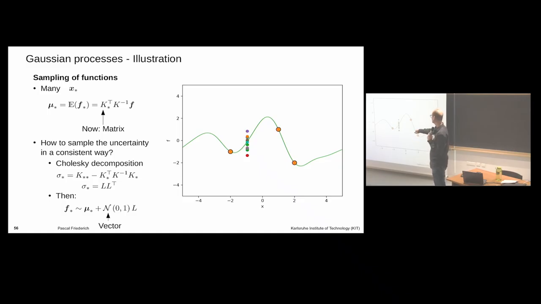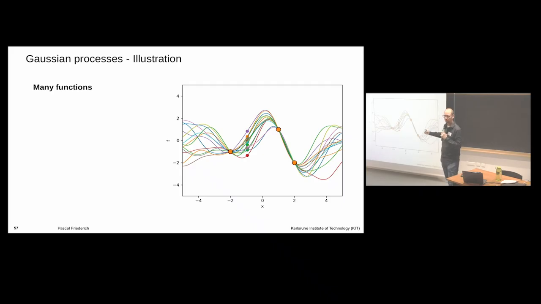So you sample basically vectors for many, many different values of x star simultaneously that all kind of have these properties that they vary in a certain way according to your assumptions about how quickly the function can vary. How quickly do you assume that the values change if you go away from your observations? So you can sample entire functions, and you can do that many, many times.